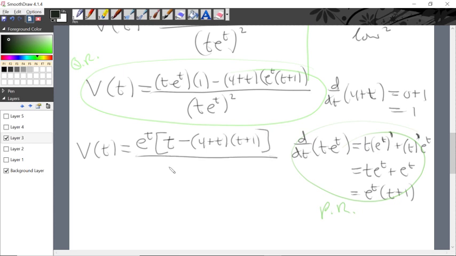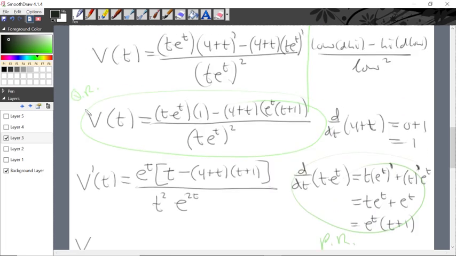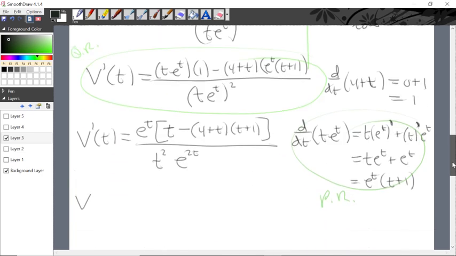And the denominator, well, this can be written as t squared times e to the 2t. E to the 2t is the same as e to the t times e to the t. This is, sorry, v prime of t. I need to be correct on my notation here. We have been finding v prime of t this whole time. Right, this was v of t up here.